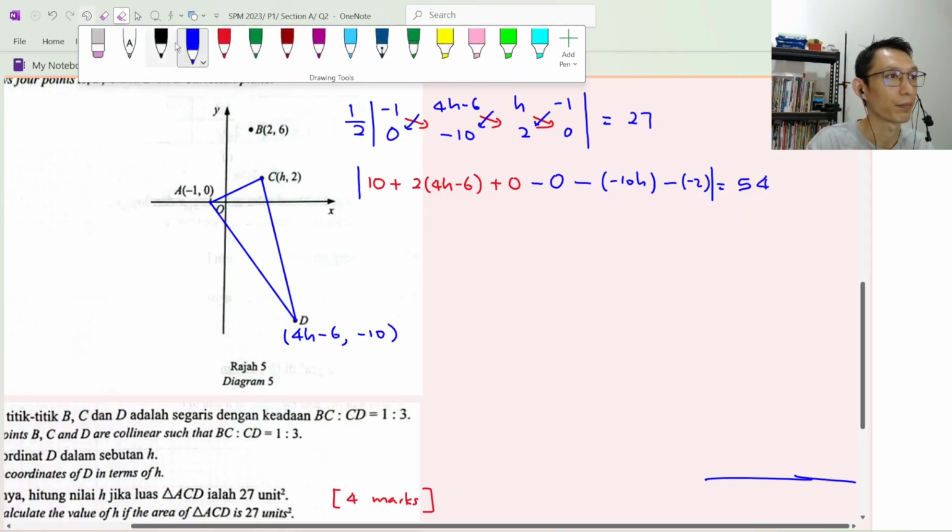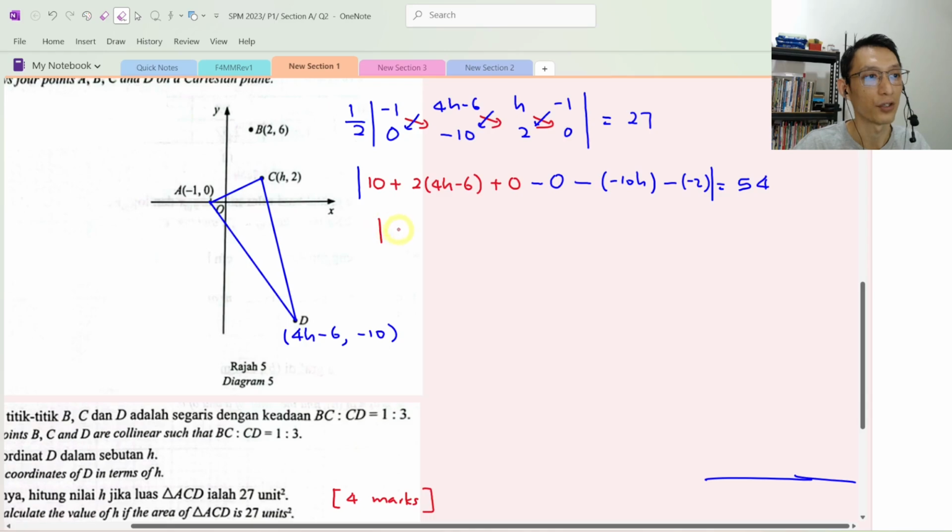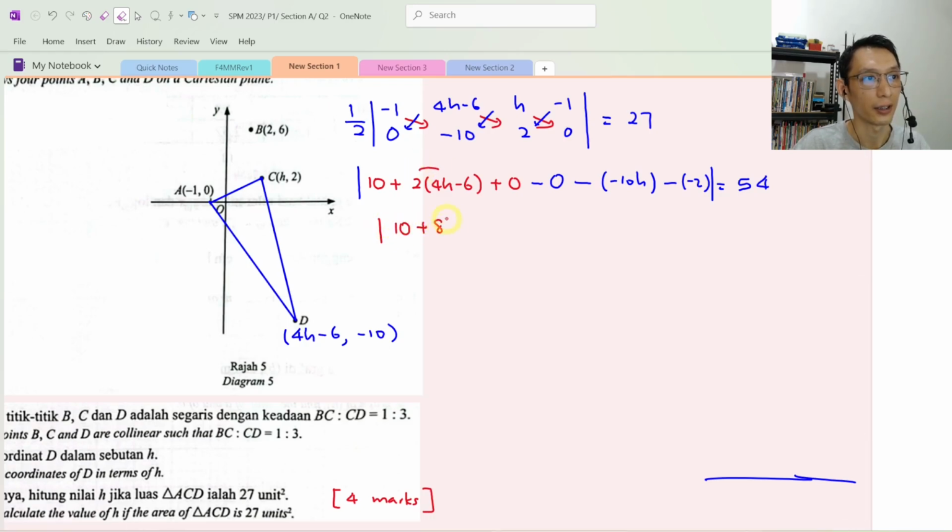Now let me do some expansion over here. So modulus, I still write the modulus signs. 10 plus 8h, then plus 12, plus 0, plus 0. Negative becomes positive. It's equal to 54.